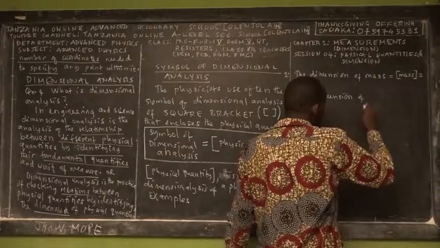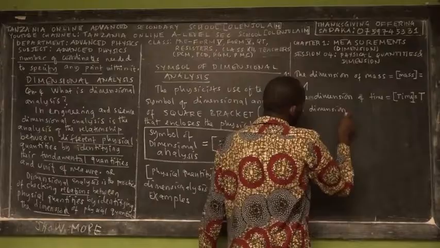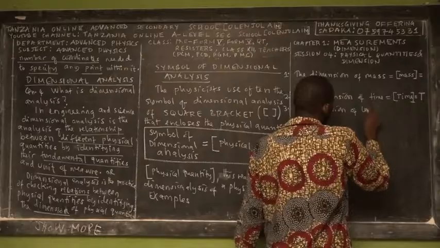The reason for me to start by showing you the dimensional analysis of fundamental physical quantities. Then the dimension of the third fundamental physical quantity, of length. This is given as square bracket of length, which is equal to what?